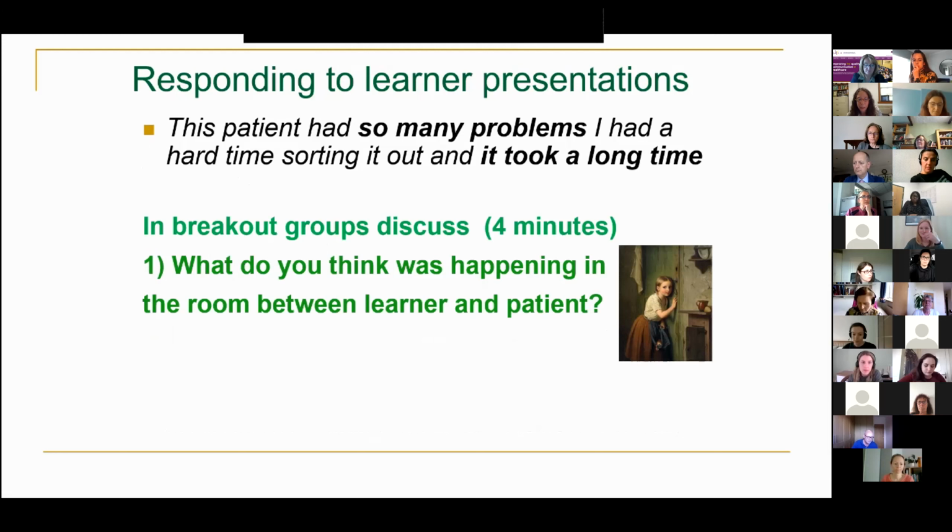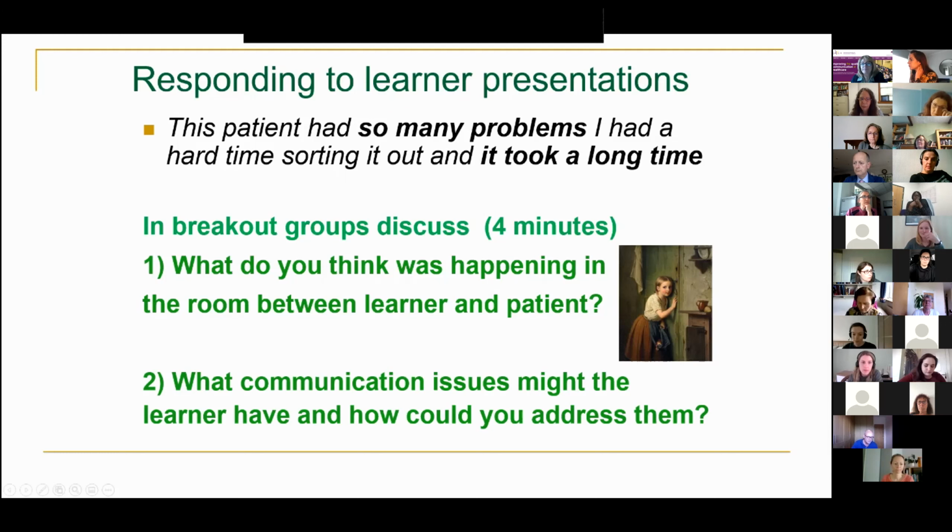In your breakout room, talk about, well, so what do you think was happening if you would have been a fly on the wall in the room? What would you have seen, either the patient doing or the learner doing? And what implications does this have about communication? So if, based on what was going on in the room, is there something you could teach them about communication in response to them making this statement?